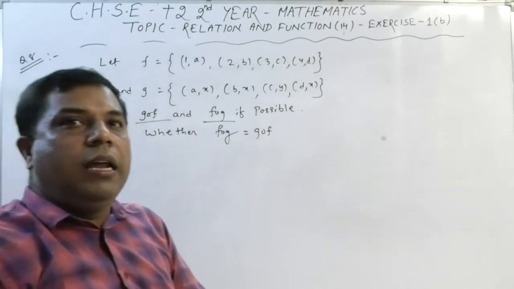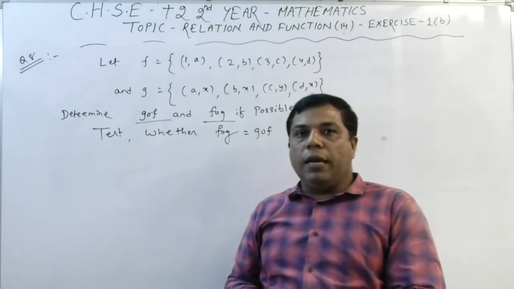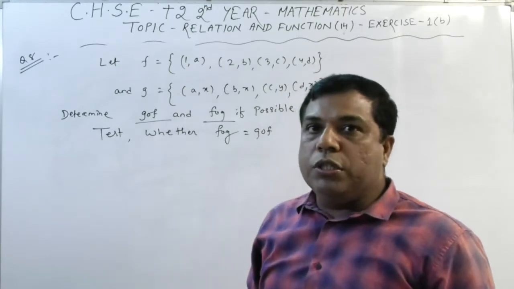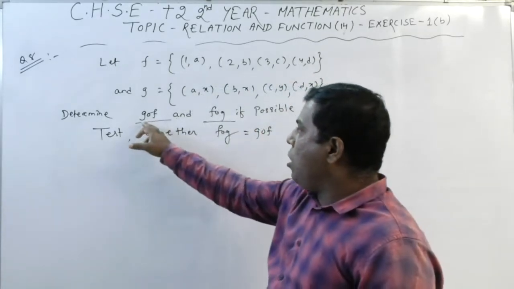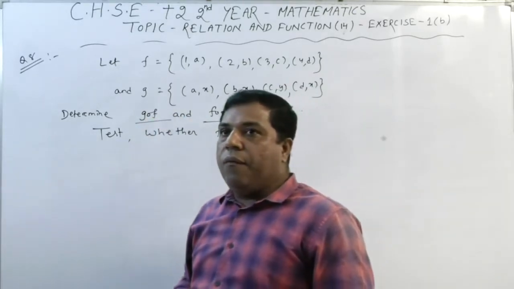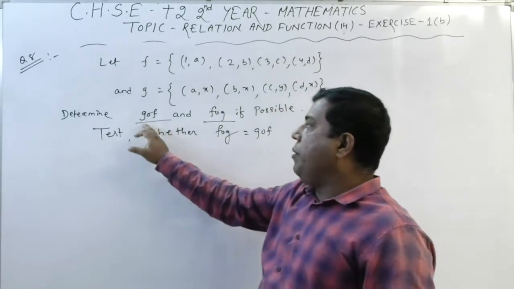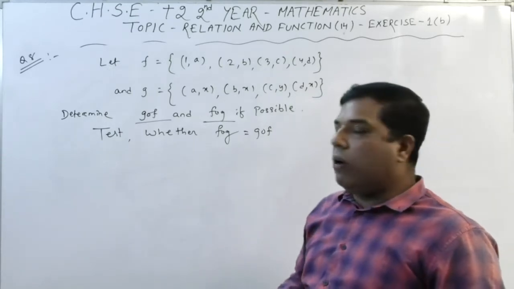Dear students, now what do we mean by g of f and f of g? We know that f of g and g of f are compositions of functions. G is operated on f, that is g of f: the elements of the range of f behave like the elements for g, so g of f of x is our g of f.